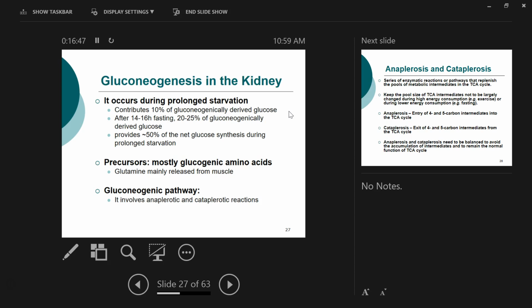First is the timing: only after prolonged fasting, longer than 14, 16, or 24 hours, does the kidney become an important gluconeogenic organ. Secondly, the precursors are mostly amino acids. And lastly, the TCA cycle anaplerosis and cataplerosis reactions are also involved in gluconeogenesis in the kidney.